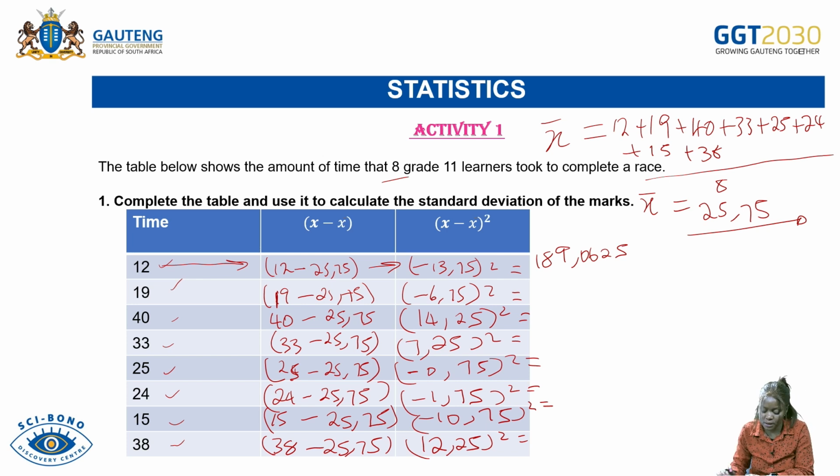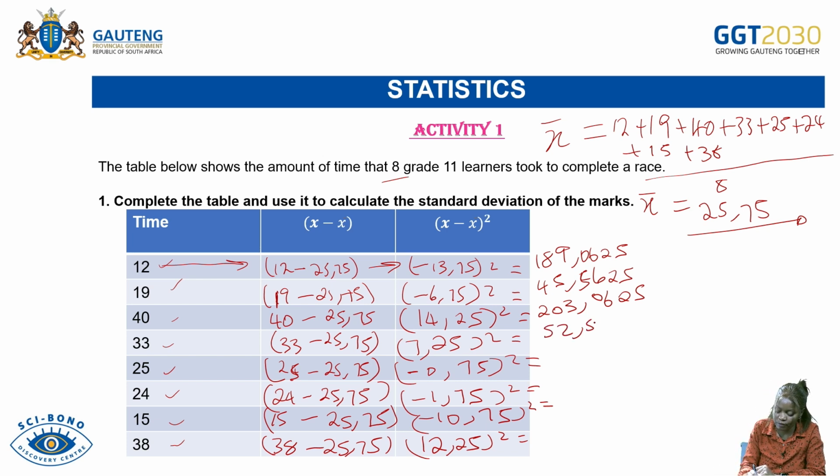Then the second one, negative 6.75, squared is 45.5625. Then 14.25 squared gives 203.0625. Then 7.25 squared gives 52.5625.